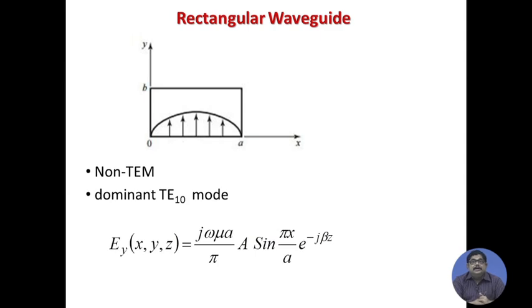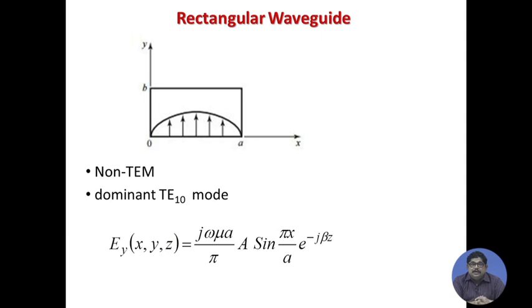But let us see the rectangular waveguide. Rectangular waveguide has the dominant field distribution TE10, a non-TEM mode, and it has only one transverse electric field, along the narrow dimension of the waveguide, that is generally called the y direction.